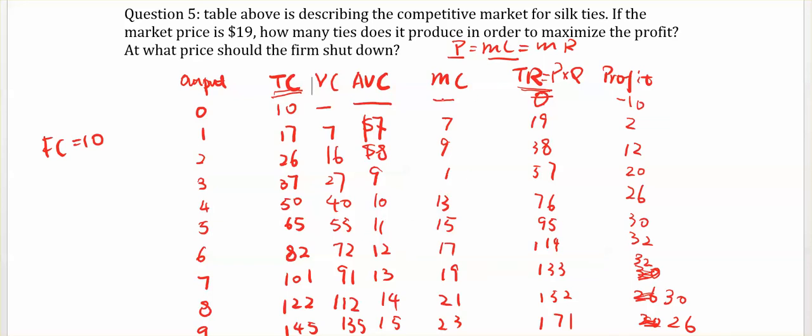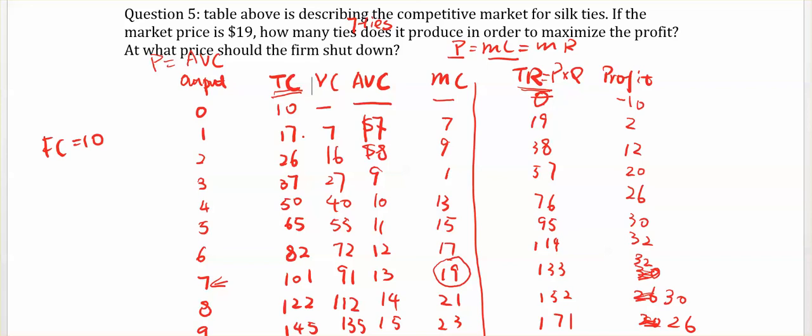So we check the column named by the marginal cost. So we do find that there is one cell is 19. So corresponding to the 19, we found that the output is 7. So the first part of this question, how many ties? So that is 7 ties. When the firm produces 7 ties, they can maximize their profit.